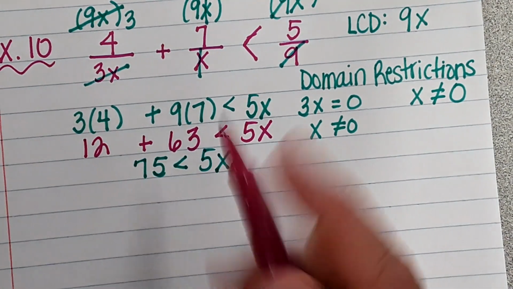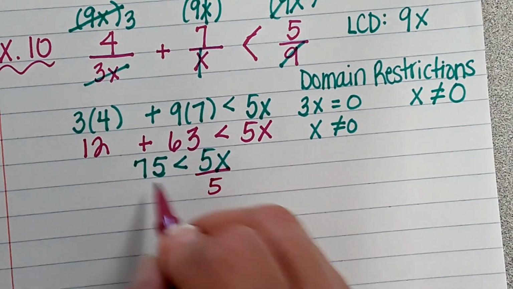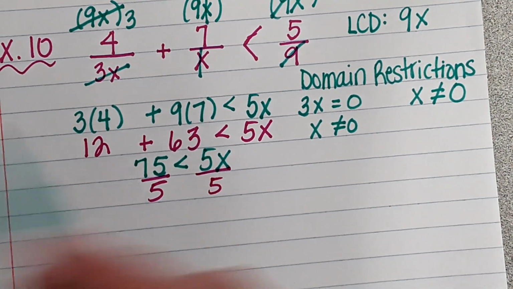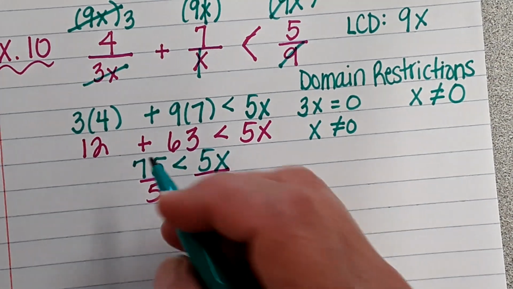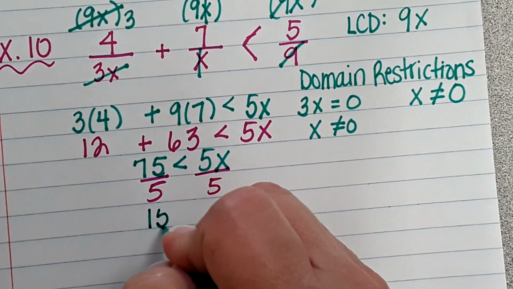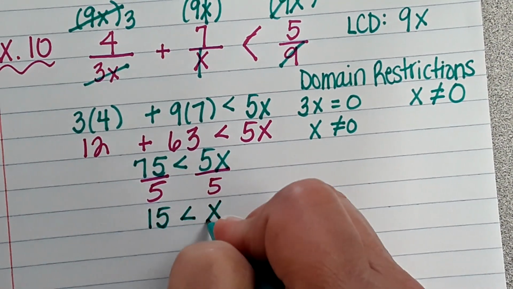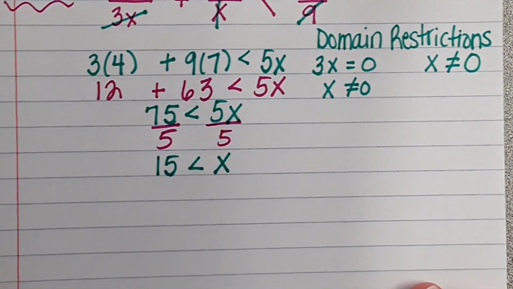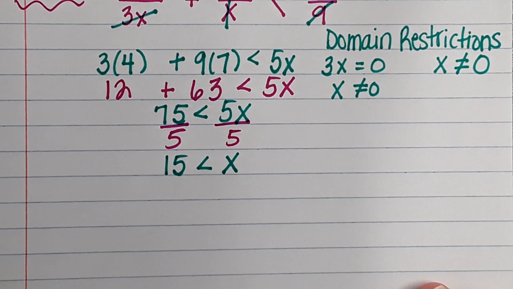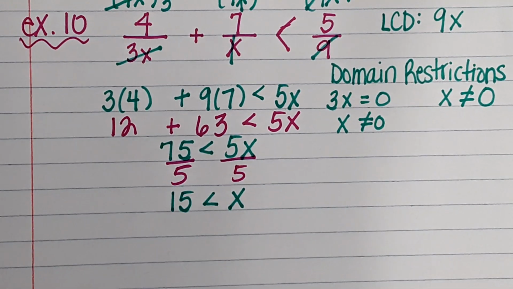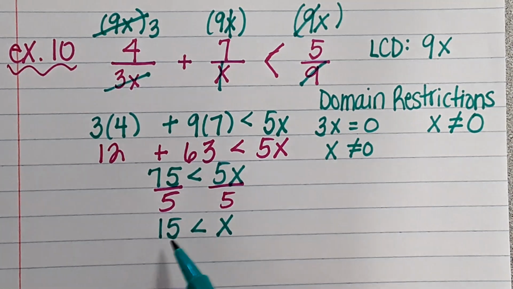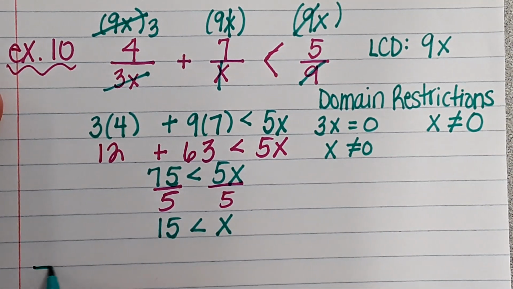I'm going to divide both sides by 5. And what is 75 divided by 5? So we're saying that 15 is less than x.